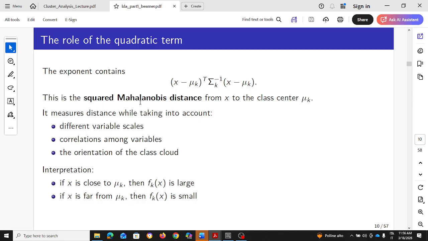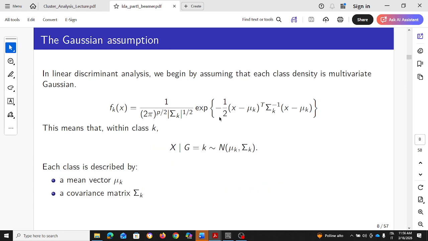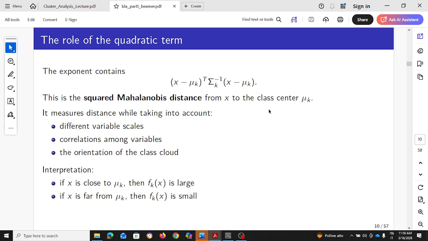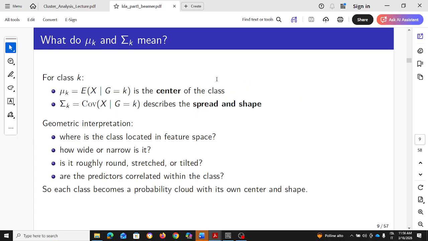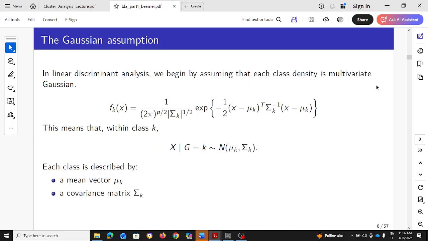In K-means, in our unsupervised classification, we were not able to explore the correlation part of the data. But now here, this is the distance, Mahalanobis distance, and this distance has the quality to explore the correlation between the data, which is present in our exponential part.